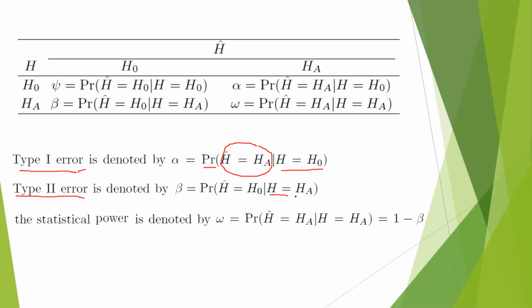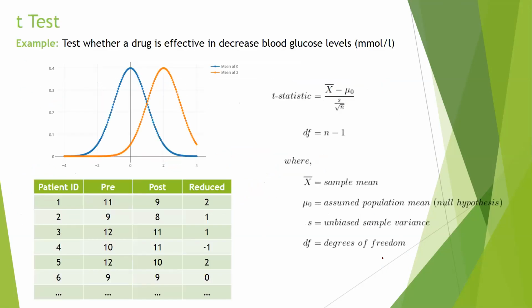Given the null hypothesis is not true, what is the chance for you to commit another error? So this is the type 2 error. And the statistical power is associated with the type 2 error beta, which is equal to 1 minus beta. Okay, so we mentioned this, right?